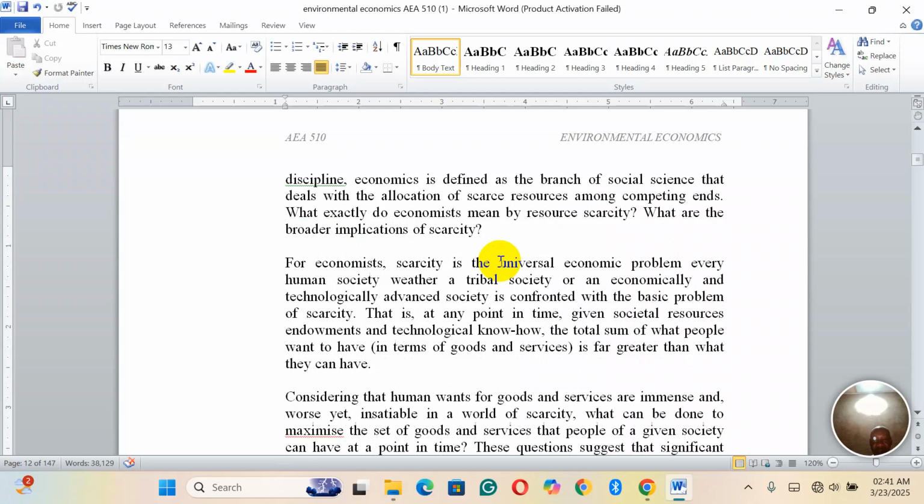For economists, scarcity is a universal economic problem. Every human society, whether a tribal society or an economically and technologically advanced society, is confronted with the basic problem of scarcity. That is, at any point in time, given societal resource endowment and technological know-how, the total sum of what people want to have in terms of goods and services is far greater than what they can have.